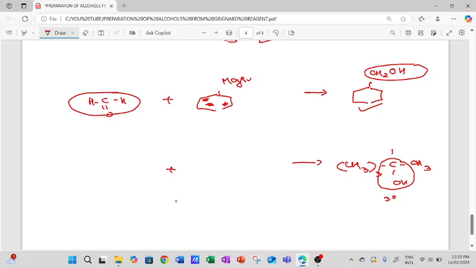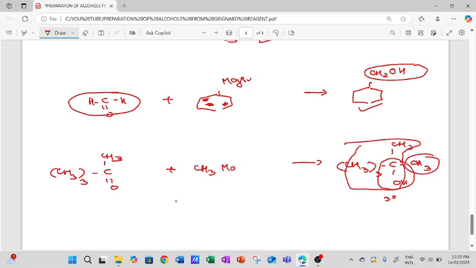One more CH3. Yes, it is produced from a ketone. So that ketone can be CH3 thrice C double bond O, and one CH3 is pending. This can be the ketone. It means this part can be written as a ketone, and this alkyl group which is pending can be written along with the magnesium bromide. So this is how we can write the reaction.